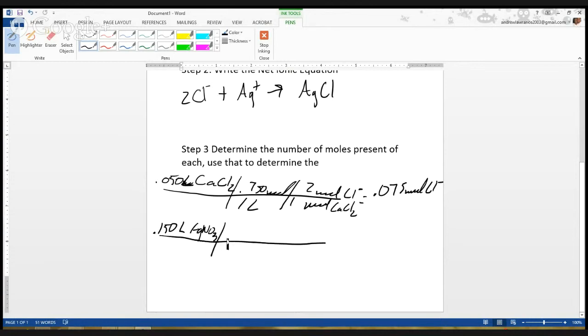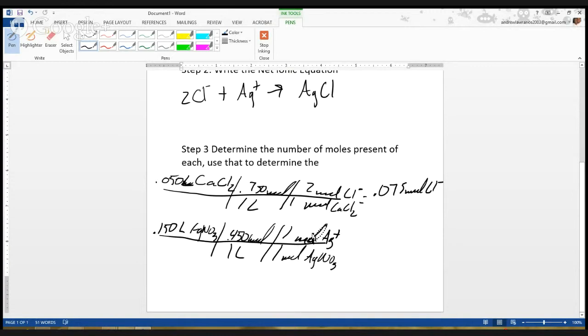Alright, and my concentration is 0.45, so 0.450 moles to 1 liter, and for 1 mole of AgNO3, I get 1 mole Ag plus.